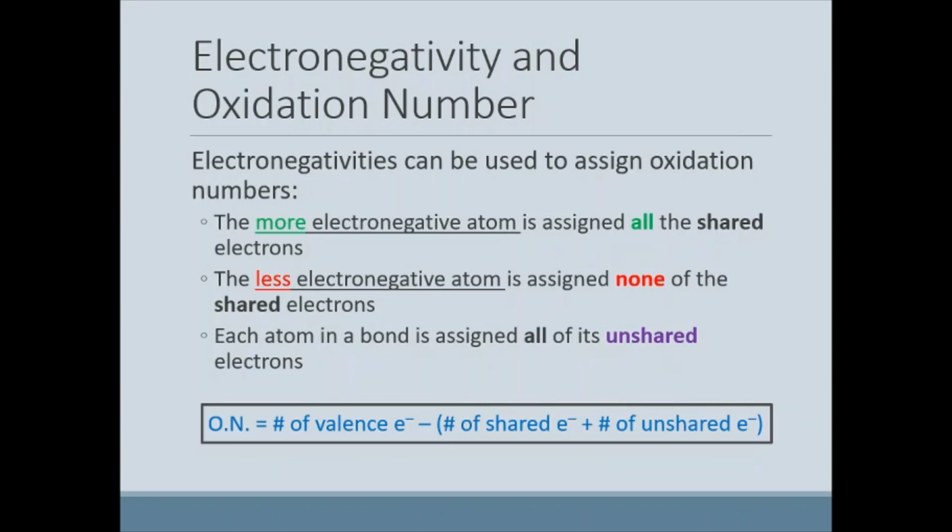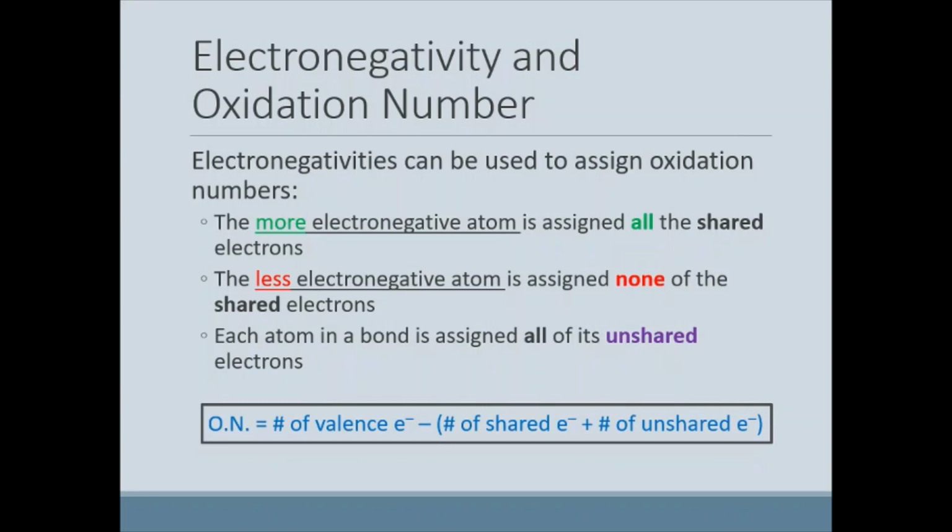Once you establish what is being shared and what is not, you can use this equation: the oxidation number equals the number of valence electrons minus the number of shared electrons minus the number of unshared electrons. Or in parentheses, the shared electrons plus the unshared electrons.